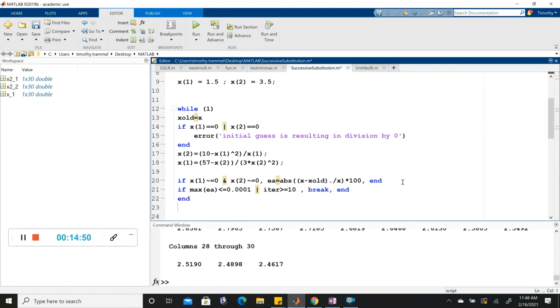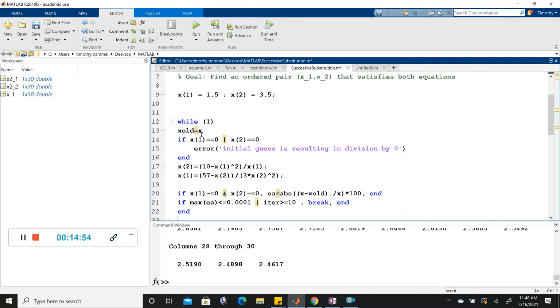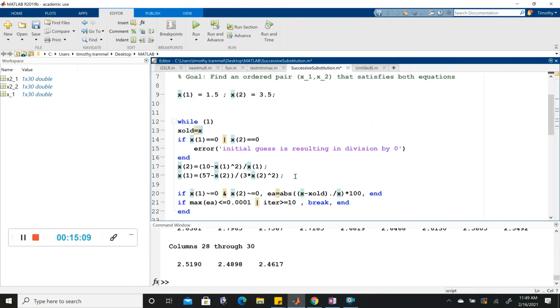And let's go in and maybe suppress some of this stuff. Let's see if we didn't suppress anything. We don't. Actually, for the sake of what we're going to do right now, let's leave x old equals x unsuppressed, but when we do our next example, I'm going to go through and suppress it. We don't need to see our relative error each time.